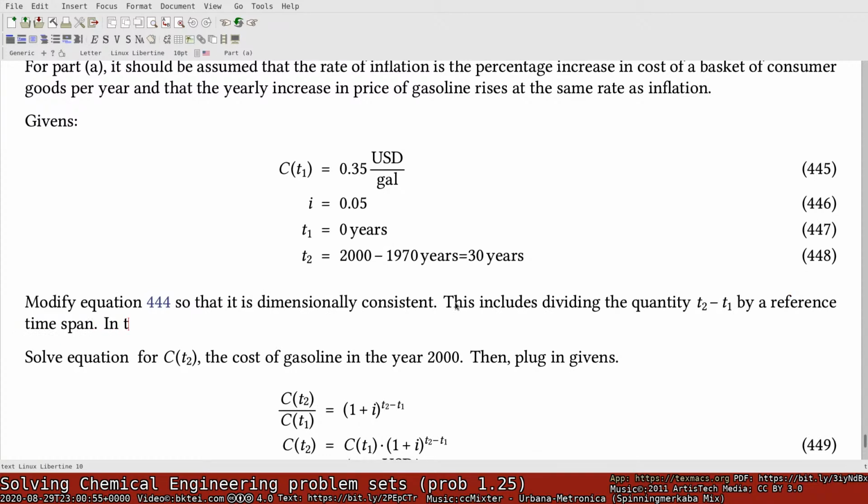In the context of this part of the problem, the reference time will be 1 year.